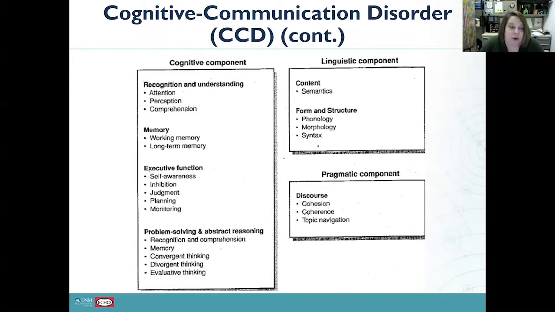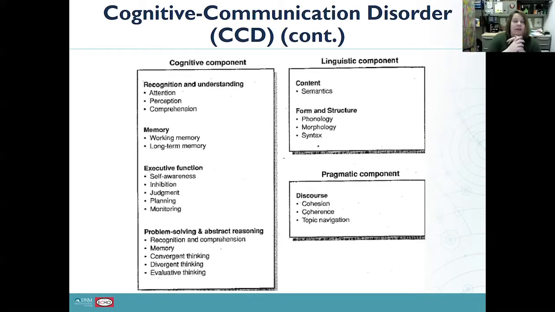This is just to also kind of respond to you, Mark, and where does communication come into play with cognition? What are the roles? What are the interactions here? We know that to be a successful communicator, you are not only tapping into form and structure and content, you're also tapping into a lot of cognitive components, such as attention, comprehension, working memory, long-term memory, self-awareness, inhibition, planning, monitoring, all of these things.